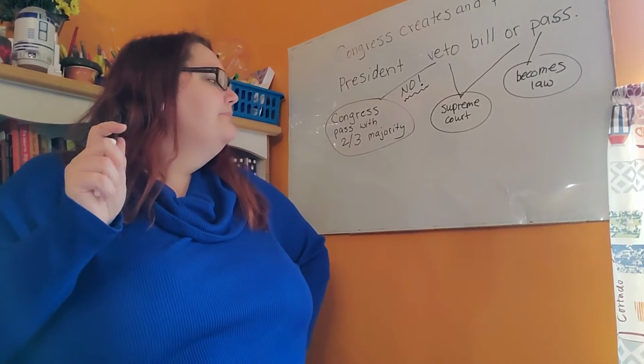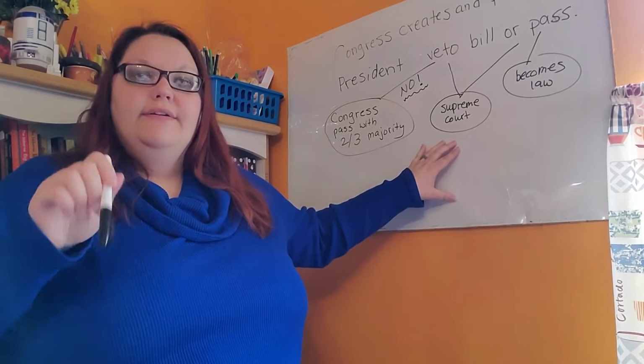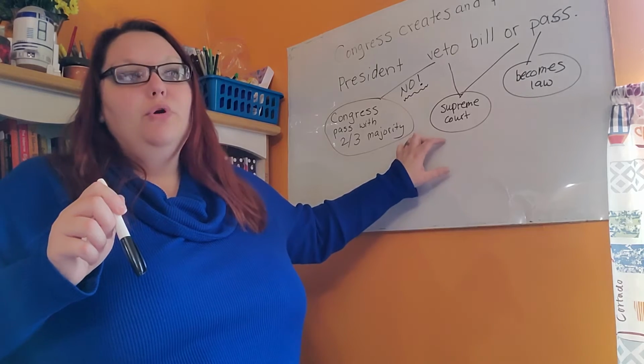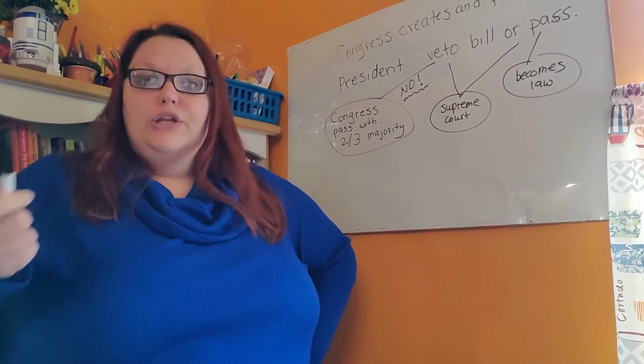And so what happens is it goes up to federal court, and then eventually it goes up to the Supreme Court. And then the Supreme Court has to decide, can this continue being a law?